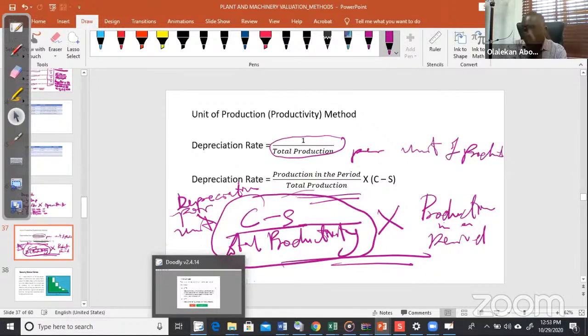It follows the same process as hours of production, but your unit of measurement now is per unit of production, not per hour of production. Then your input will be based on the estimated productive capacity of the plants.